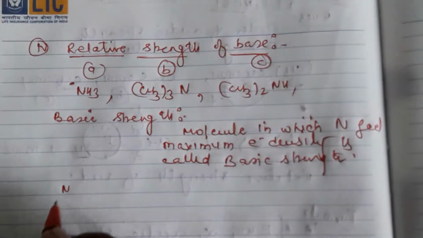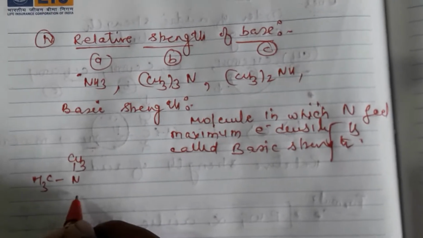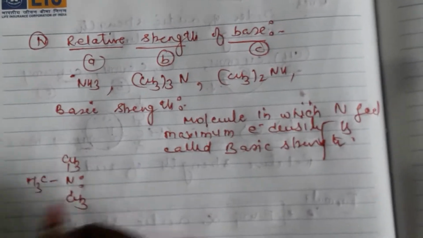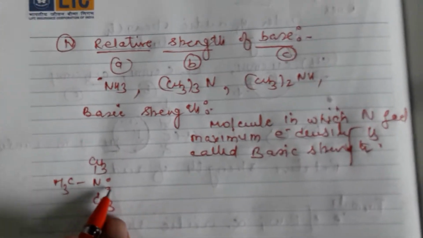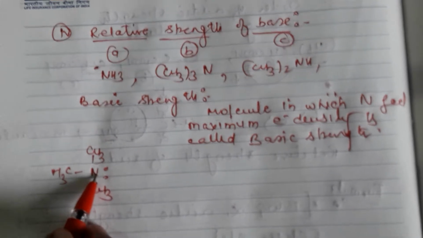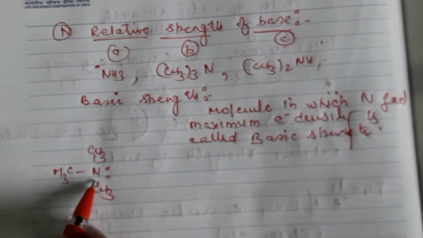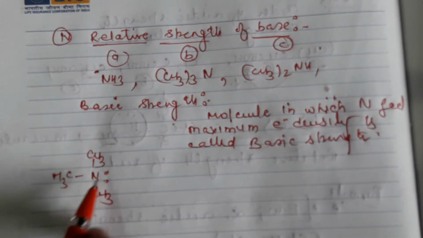Okay, so what happened here: this is CH3, this is CH3, this is CH3, and this is the lone pair of electrons. Why have I mentioned the lone pair of electrons? Because each and every atom wants to complete its octet. Nitrogen having 8 electrons: 2, 4, 6, 8.